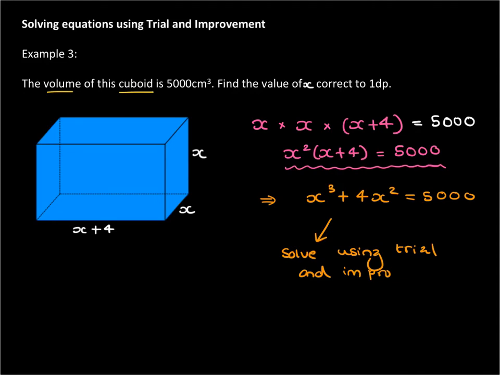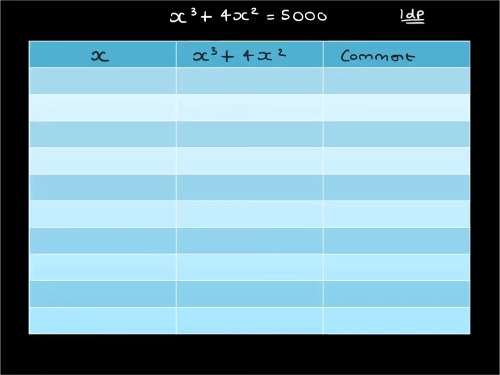And we're going to use trial and improvement to find a value of x that satisfies this equation correct to 1 decimal place. So you may decide that you want to try this yourself, in which case pause the video, make sure you set out your working very clearly and then come back and check your answer, or you may want to work through this with the video. Either way, make sure you set out your working very, very clearly.